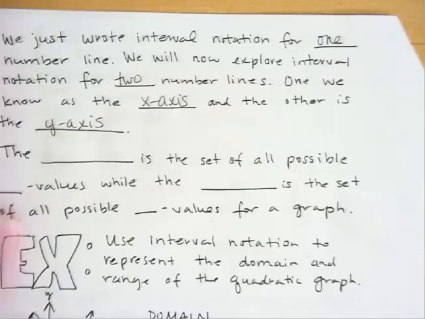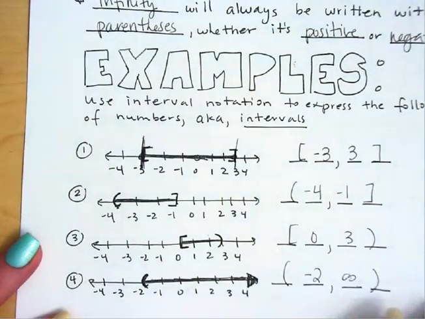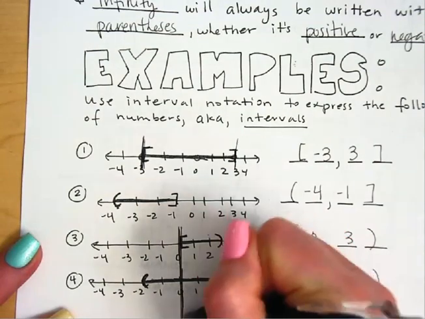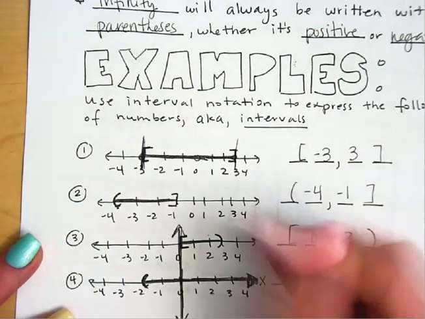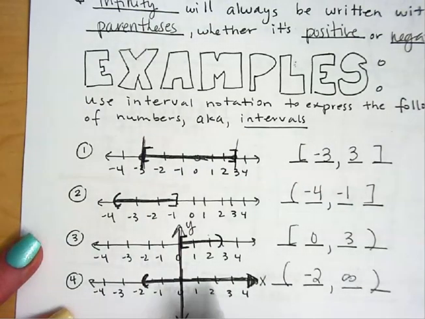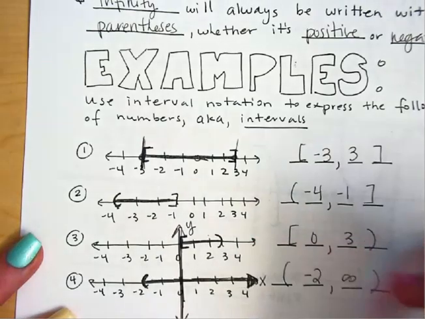Real quickly, let me just go back to the front here. This was just one number line down here. A second number line, if we went through 0 here, would now be an x-axis and a y-axis, and we would be looking at left and right directions and then up and down directions this time. So this is what we're going to be talking about now.